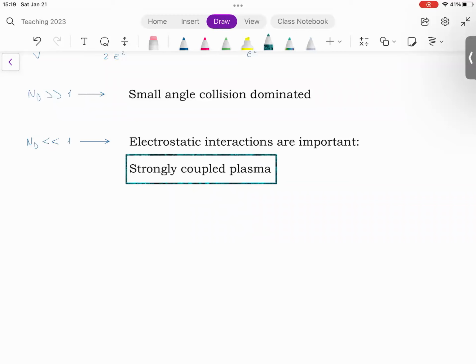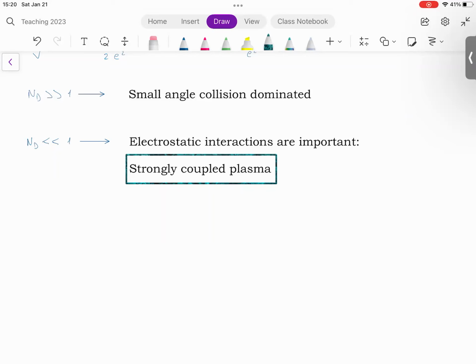In the opposite limit, where small angle collisions are dominant, it means that from the point of view of a single particle, that particle is going to rarely see a large deflection in a collision. It's going to see a lot more small deflections instead.